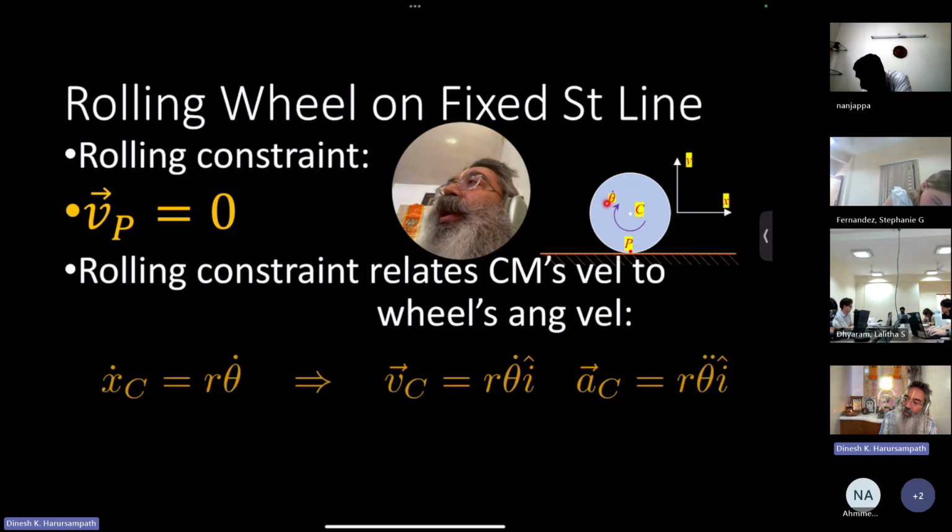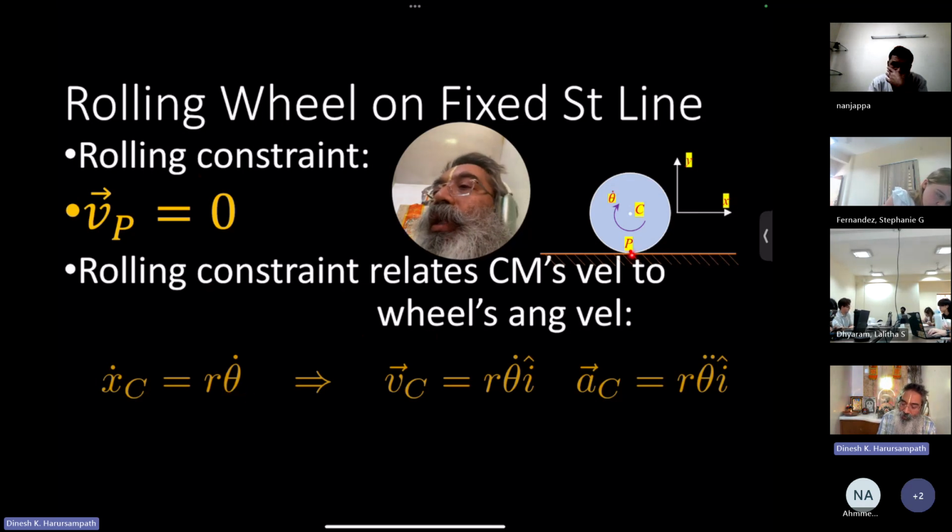Whatever we had in the previous slide, remember, you're talking of the velocity and acceleration of c as xc dot and xc double dot, the magnitudes, both along the i direction, i hat, and theta dot and theta double dot being omega and alpha, which are both along k hat, which is perpendicular to both i hat and j hat.